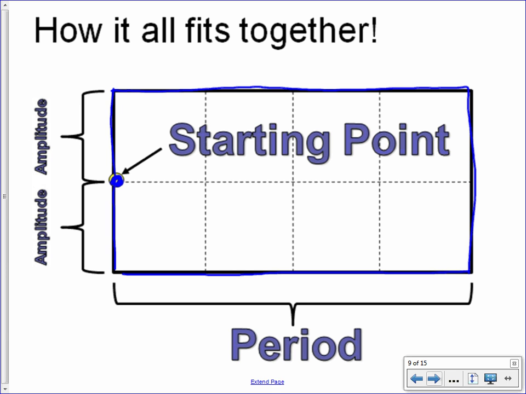So if we split our frame like this, those intersection points are going to tell us where to plot our points. So what I want everybody to do is, on each of your 4 frames, plot where the starting point is, in the middle of the left side. And then split your graph with dotted lines like I have up here. You have 4 frames where I need you to draw these dotted lines.